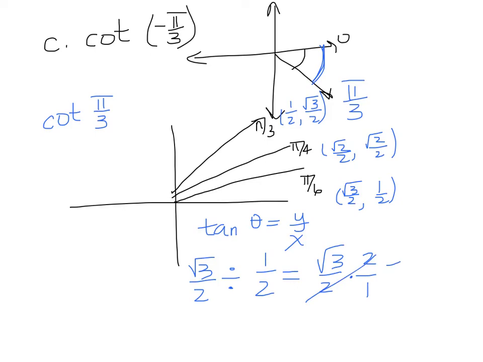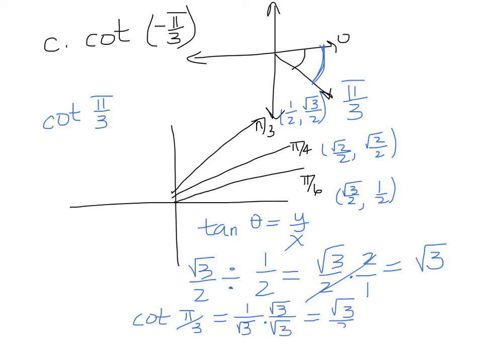So those cancel, and you get the square root of 3. So that's tangent. We need cotangent. So that means that you have to do the reciprocal, which is 1 over square root of 3. Don't forget to rationalize. So that's the square root of 3 over 3.